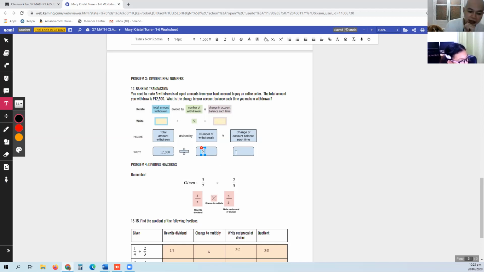Okay, do the math. 12,500 divided by 5. What's the answer? That's a little big money. 2,500. Yes, 2,500 in the next blank.